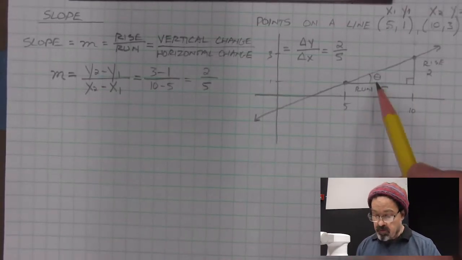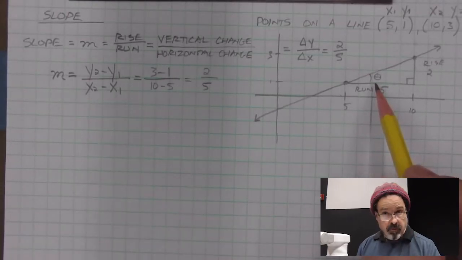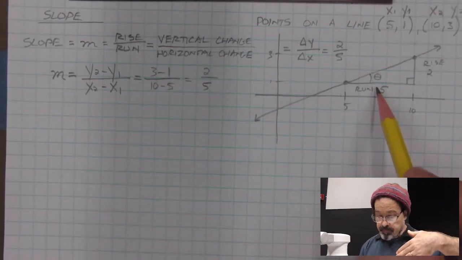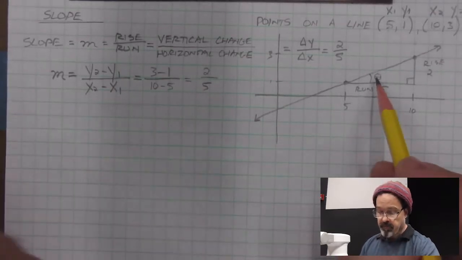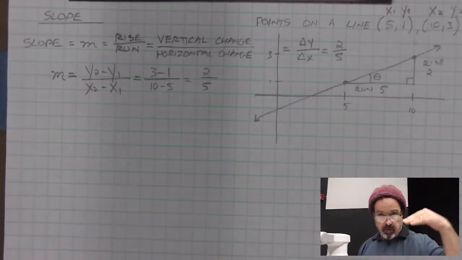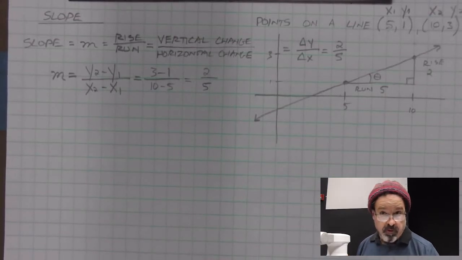This angle is also contained within the concept of slope. It's how much the line is headed up. The line could be headed down, and the triangle would have an angle inside that would show us the line was going down.